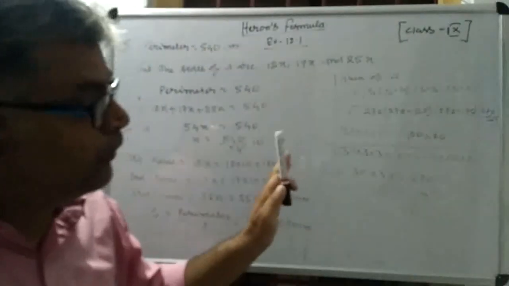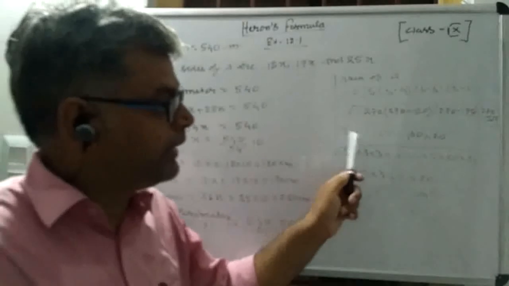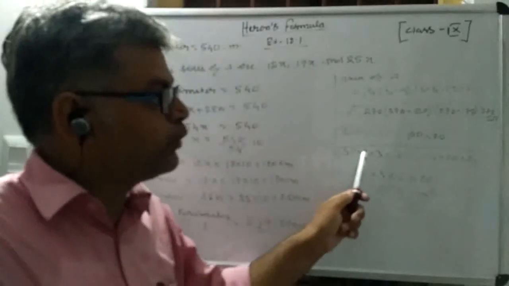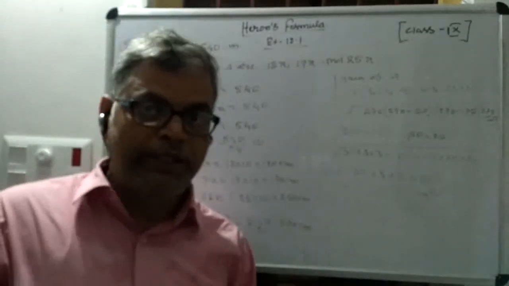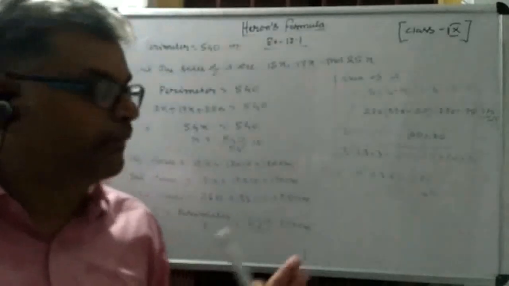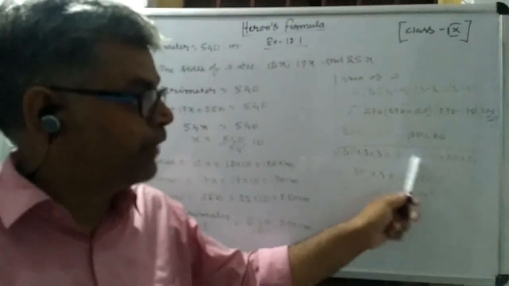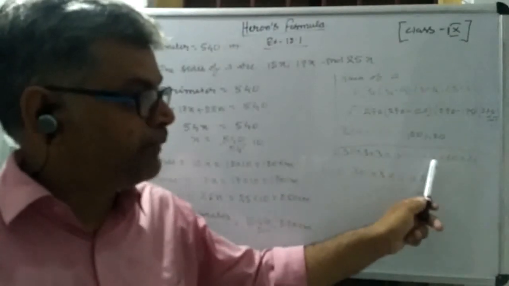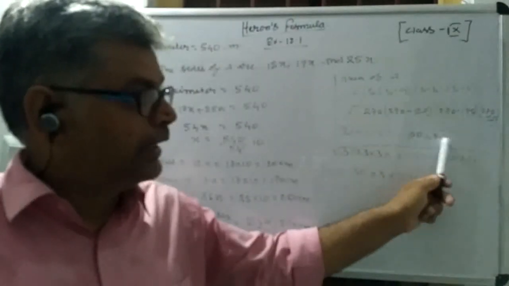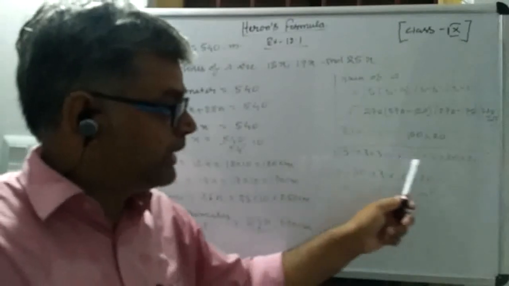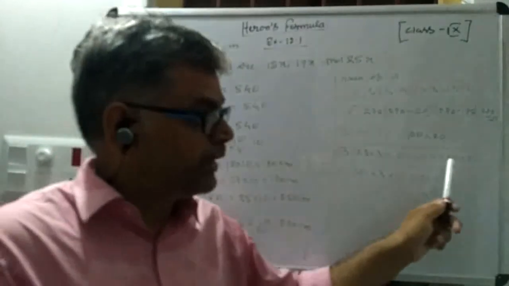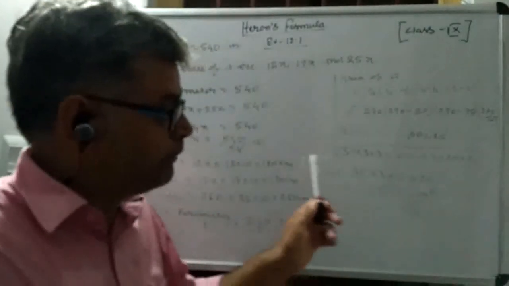Now we have to factorize it. So 270 can be written as 30 into 3 into 3. When you multiply it together, you will get 270. And this 150 I have broken into 30 into 5, and this 100 into 5 into 20, and this 20. Now we see that all the numbers lying within the square root are in pair.